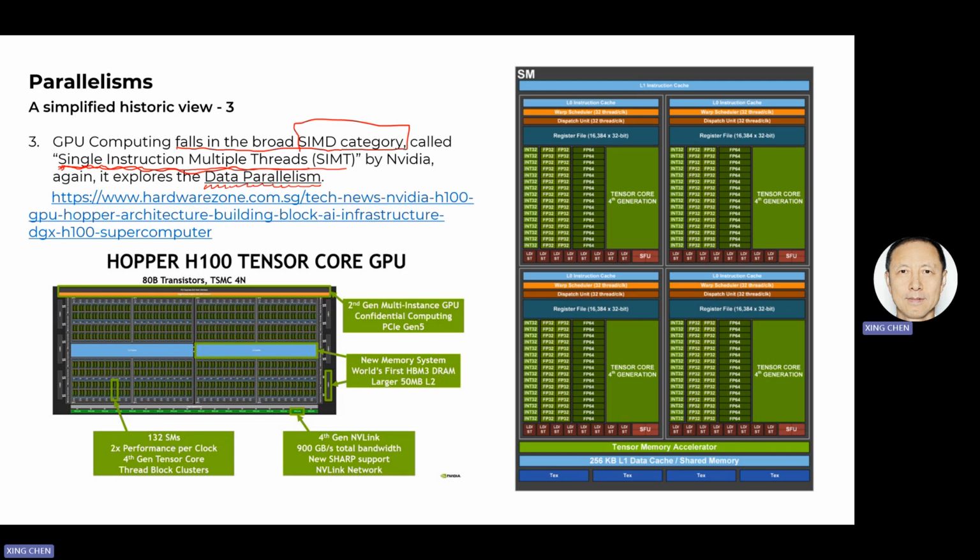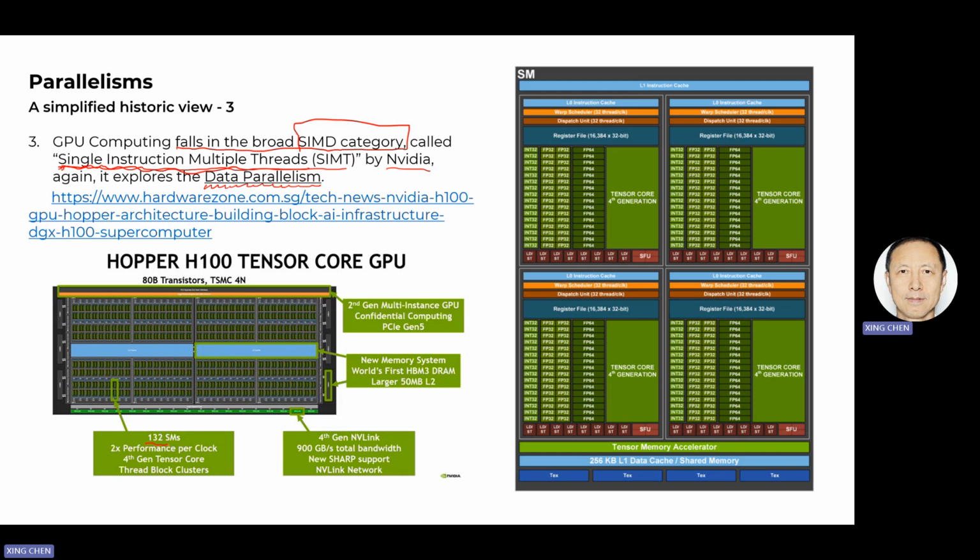Conceptually that's the same, but we are going to find out that because you have so many threads, Nvidia is calling this kind of technology SIMT. But anyway, we are going to find that out. So let's have a look at this GPU from Nvidia.